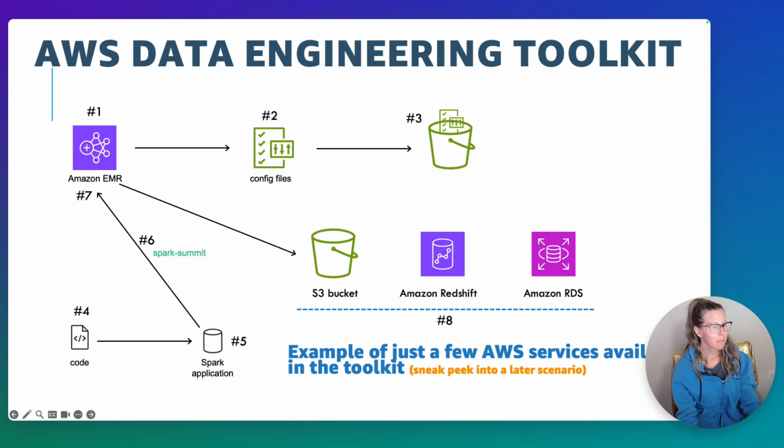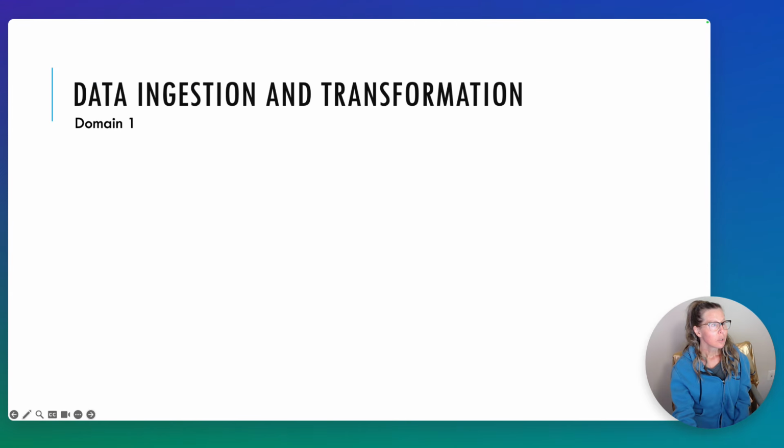Under this fundamental lesson, I also want to briefly talk about the AWS Data Engineering Toolkit, and we're going to dive deeper into these throughout the course and talk about different AWS services for the different stages of the data engineer lifecycle. Traditionally, big data processing systems were built in data centers.